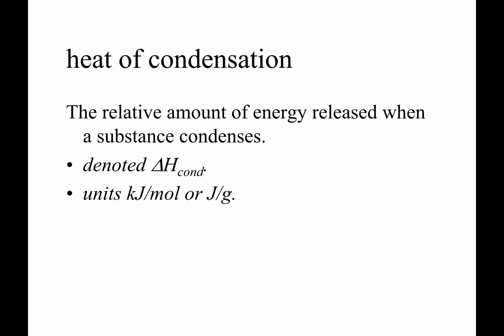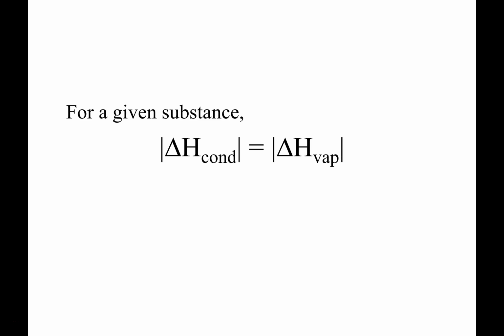So we'll make this a delta H, the change in enthalpy associated with the phase change of condensation, which, you guys knew this before you came into this class, is matter going from its gaseous to its liquid state. The relationship for the same material between those two things is that they are equal in magnitude, but opposite in sign.